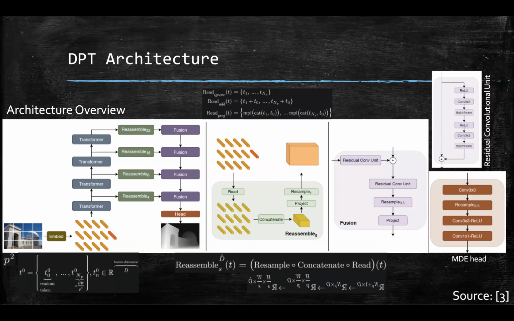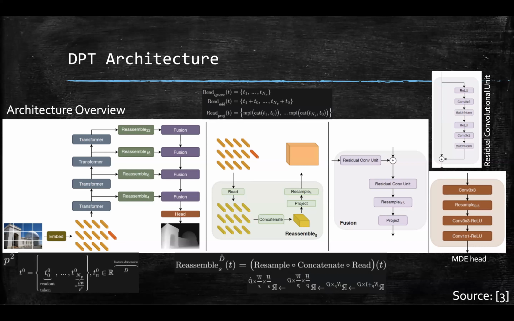Then the output monocular depth estimation head, this one here, the MDE head, progressively upsamples the predictions with bilinear interpolation to the input resolution. Just a side comment, the dense prediction transformer can handle different image sizes as long as the image size is divisible by this number P. Okay, let's describe it again at a higher overview.